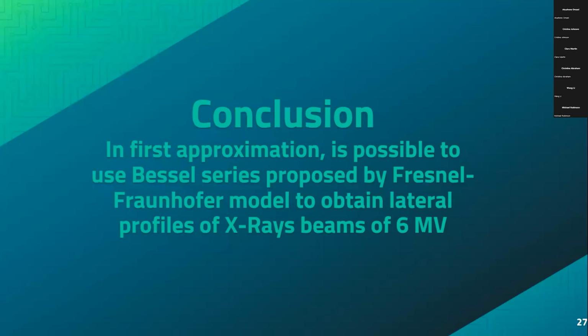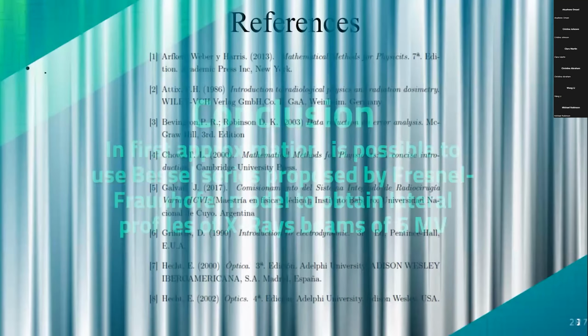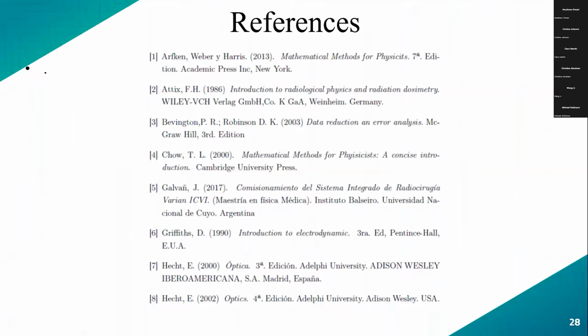Our conclusion is that, in first approximation, it is possible to use the Bessel series proposed by the Fresnel-Fraunhofer model to obtain lateral profiles of the 6 MV X-ray beam. And this is important because we have one universal method to approximate the reference that we use.